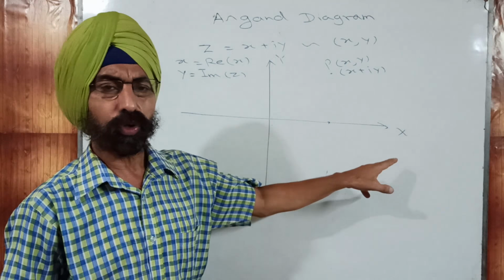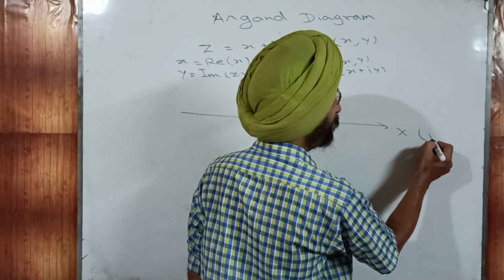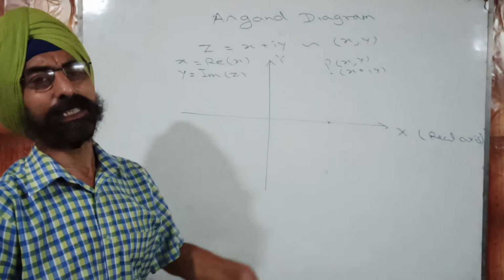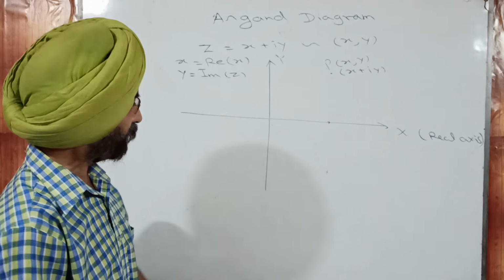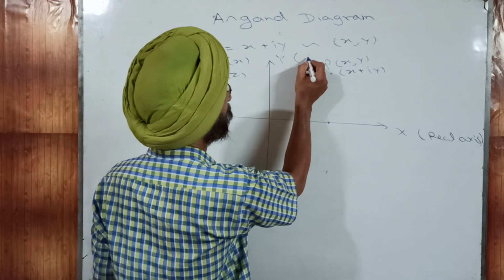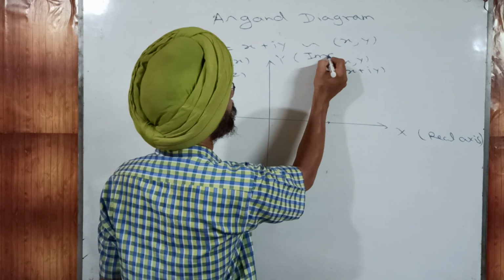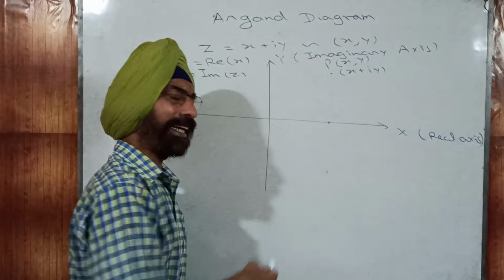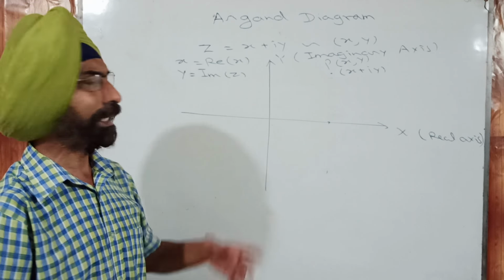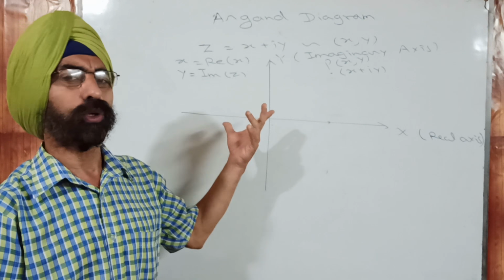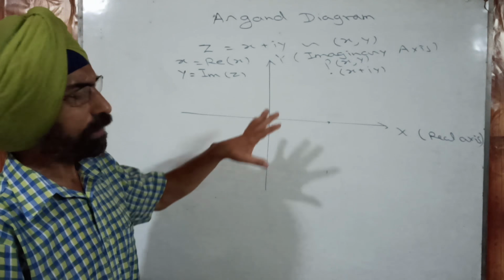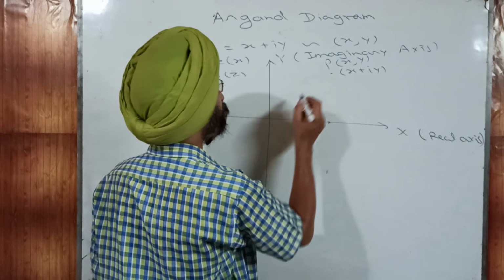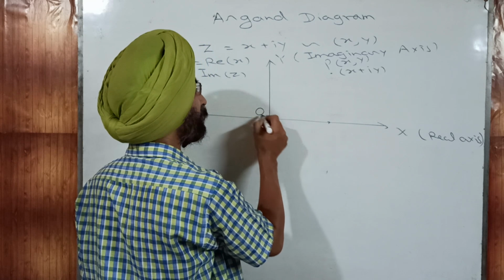So we also call this x-axis the real axis, because on this axis we represent the real part of the complex number, and the y-axis is also known as the imaginary axis, because on the y-axis we represent the imaginary part of the complex number z is equal to x plus iota y.